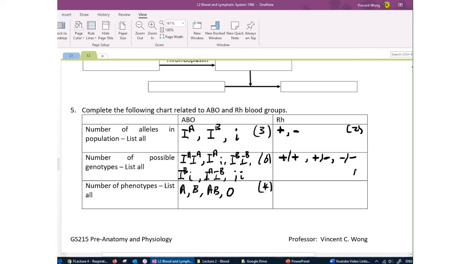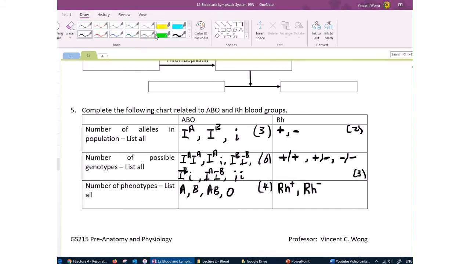So there are 3 possible genotypes for the Rh blood group. If you have the positive copy, it doesn't matter if you have 1 copy or 2 copies, that means you are going to be able to make the Rh antigen, and that makes you an Rh positive person. And if you're negative, then you are an Rh negative person.